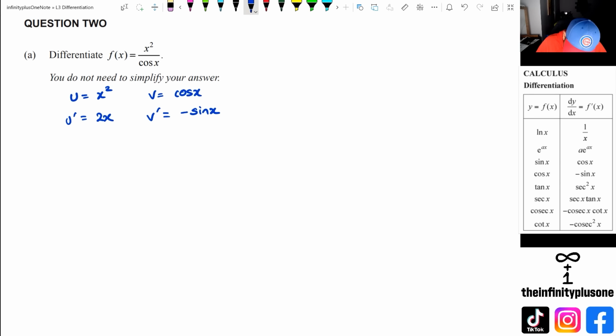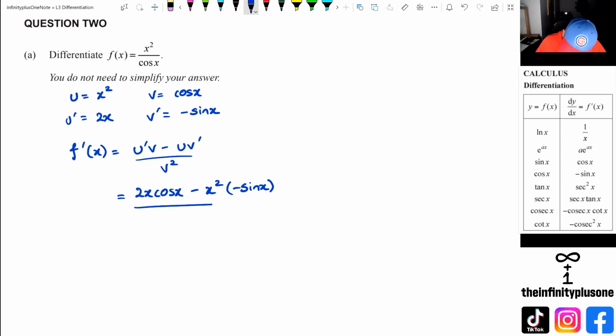So with that in mind, we've got f dash of x equals u dash v minus uv dash over v squared. So we've got 2x cos x minus x squared times negative sine x, and that's all divided by cos squared x. And you can actually leave your answer like this, which means you actually get an achieved grade.